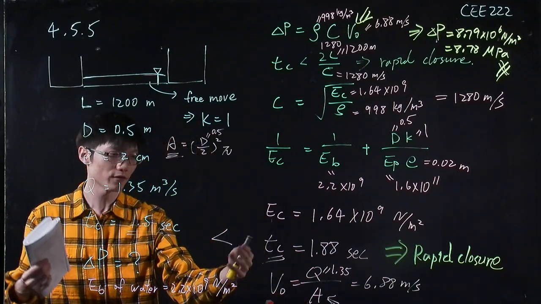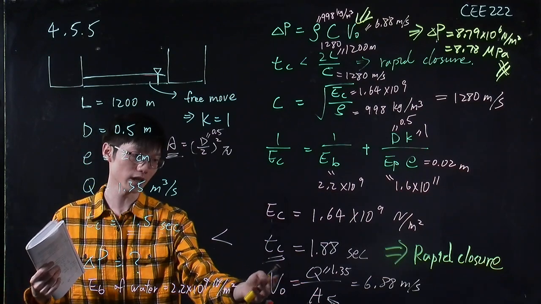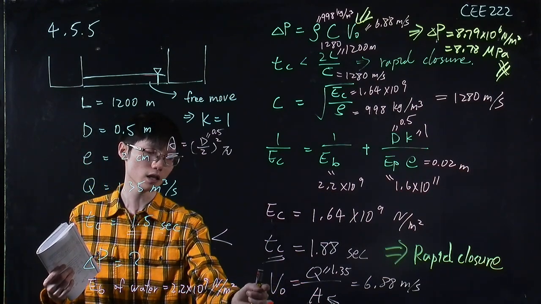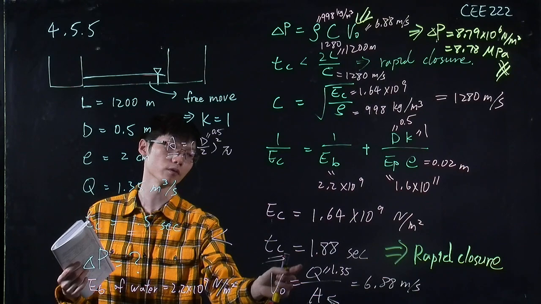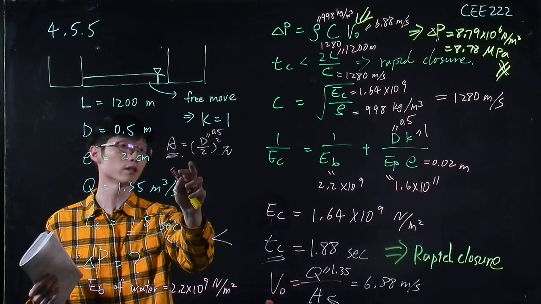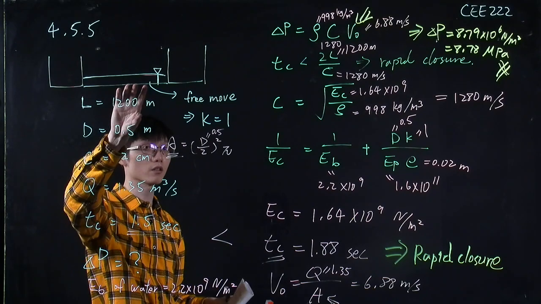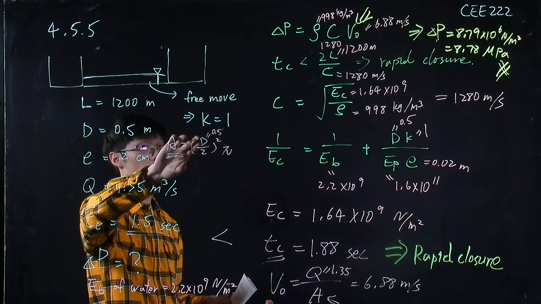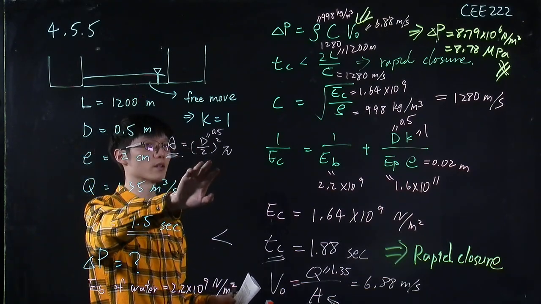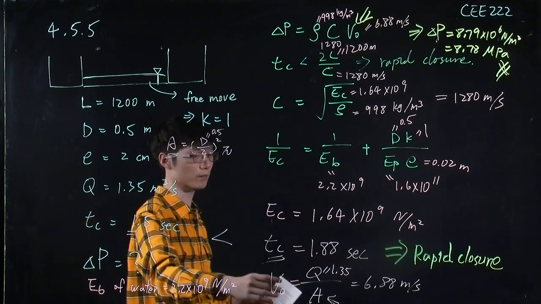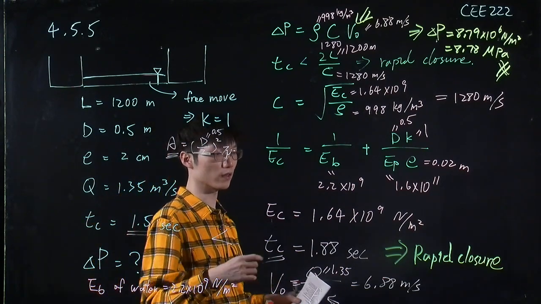So you just invert that equation, and you can see that the velocity is equal to the flow rate divided by the area. And the area can be calculated using this equation, because it's a circular pipe and you know the diameter, so you plug in the number and calculate the area, plug it back into this equation, and you get the velocity.